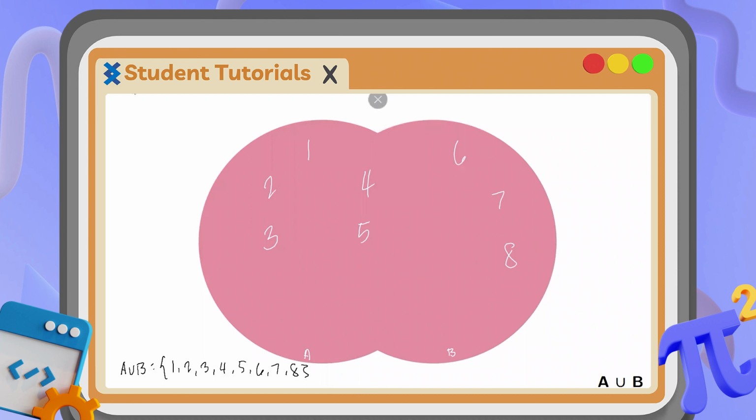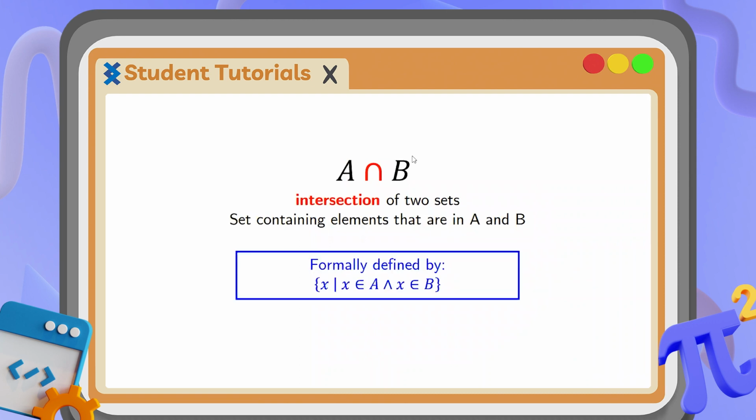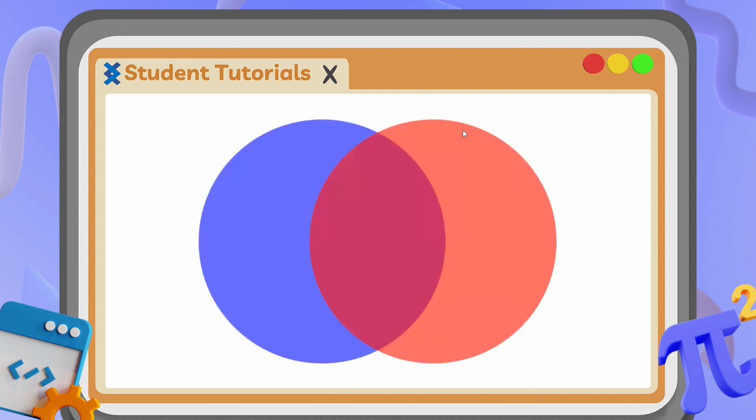So the next item would be, let's erase this first, the intersection of two sets, which is a set containing elements that are in A and B. So with that, it means that it's an element X such that X is in A and X is in the set B. So looking back at the items that we have a while ago, if you want to get the intersection, you look at elements that are both present in A and in B. And in this case, we would have elements 4 and 5 in the intersection of the set, which would be shown right here.